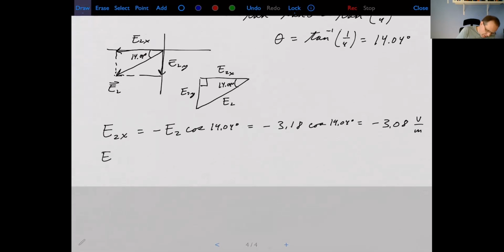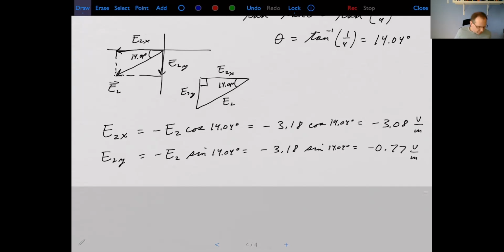And then E2y is going to be negative, because it's downward, E2 times sine of 14.04 degrees. So that'll be negative 3.18 times sine of 14.04 degrees. And I'm rounding a little bit here, but I'm going to get around negative 0.77 volts per meter.